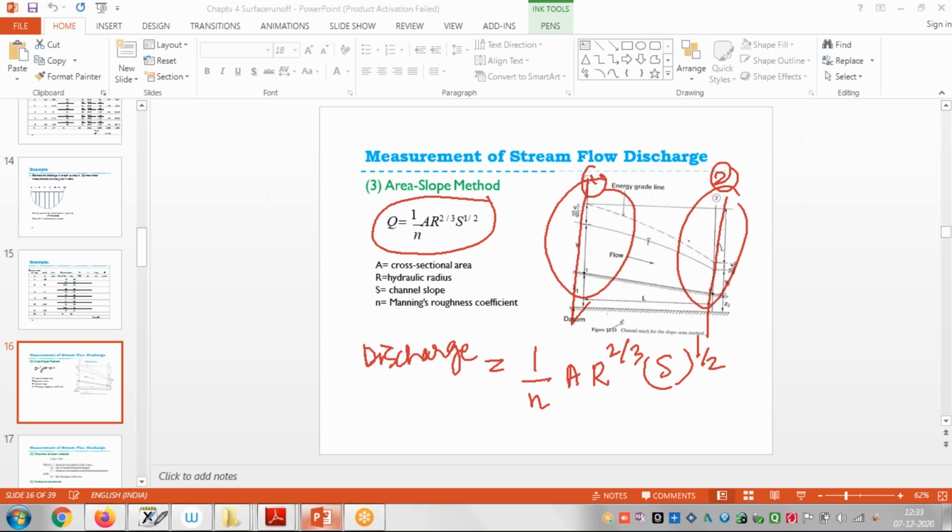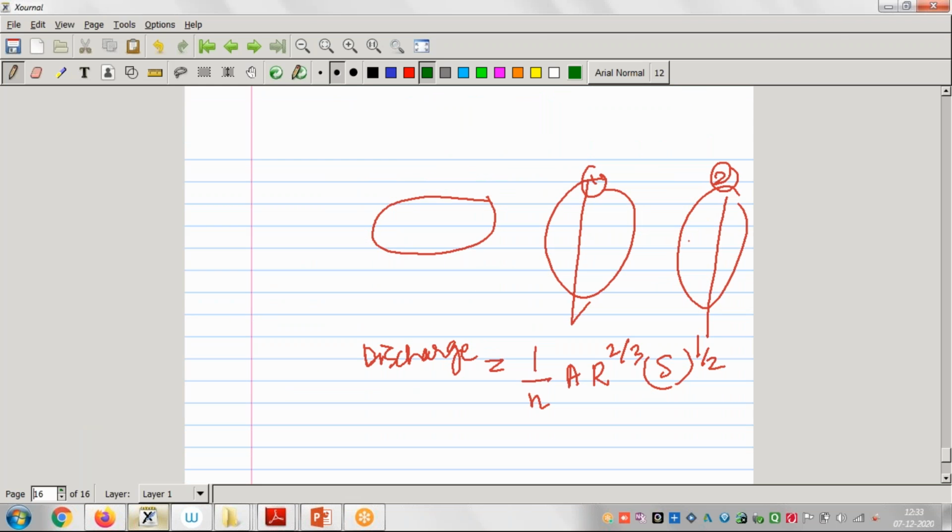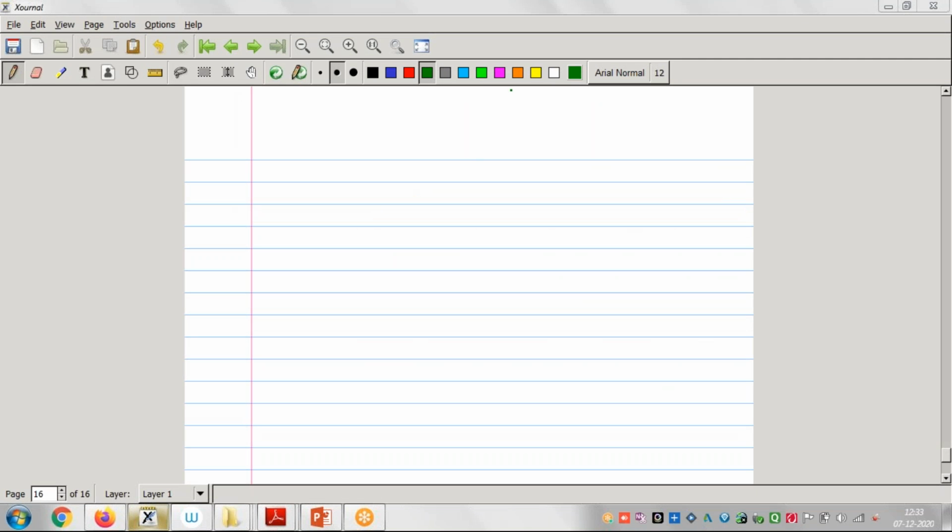I'll tell you. Now, suppose the section is here. Suppose this is the river section here. If we see from the front, it will look like this.